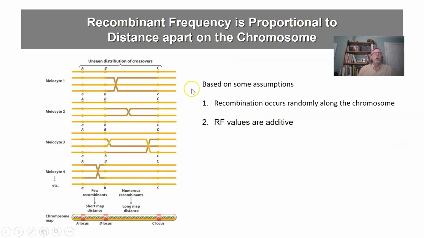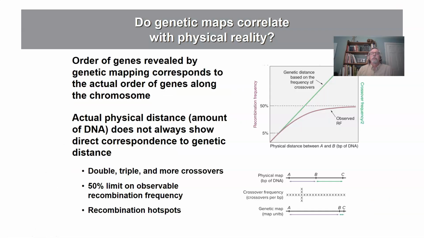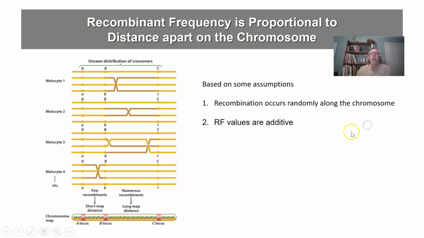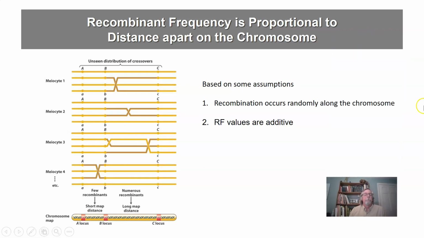Now, the recombinant frequencies of different pairwise combinations of genes that are linked can be determined to generate a chromosome map. The way that that's possible is if the recombinant frequency is proportional to the distance apart on the chromosome, right?